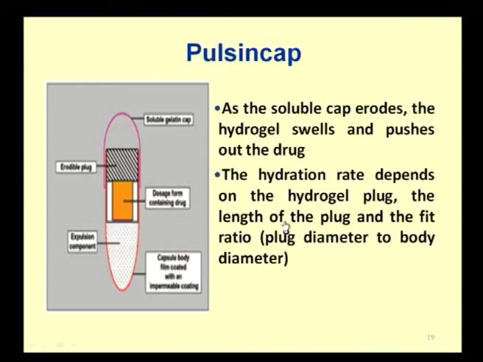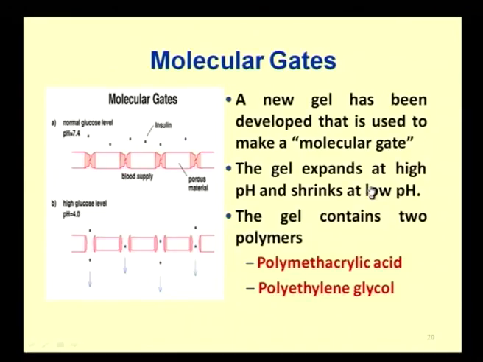Having seen the ring cap technology and the pulsin cap technology, the other important recently developed method is molecular gates. How are these molecular gates very useful in the drug delivery system? A new gel has been developed that is used to make such a system called molecular gate. The gel actually expands at high pH and shrinks at low pH.